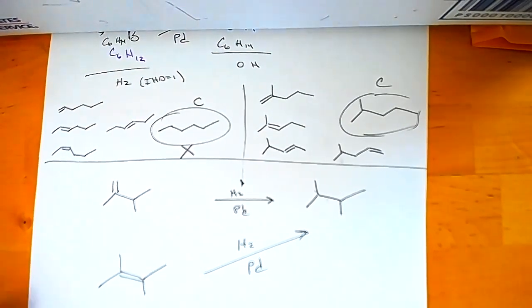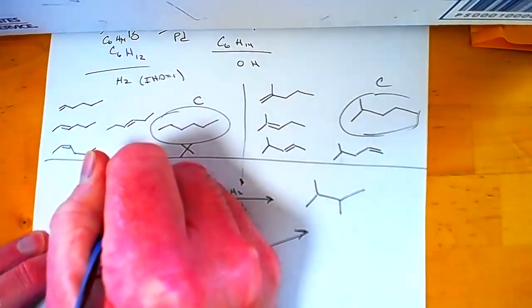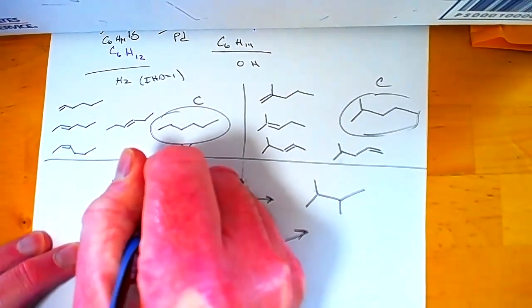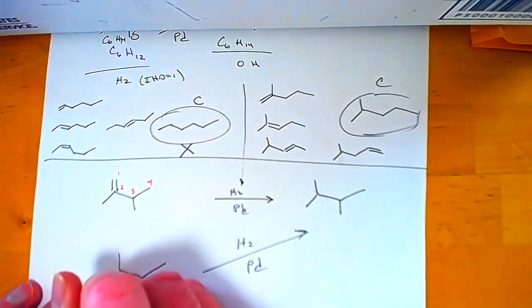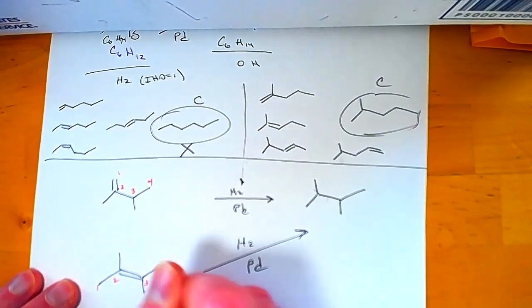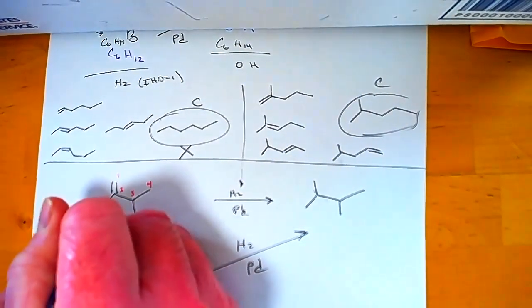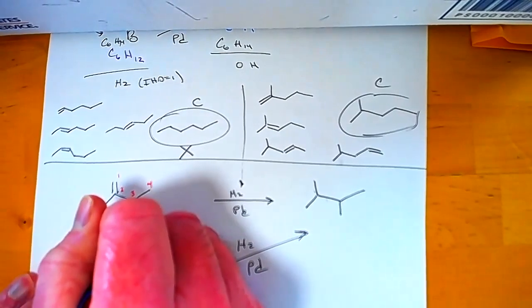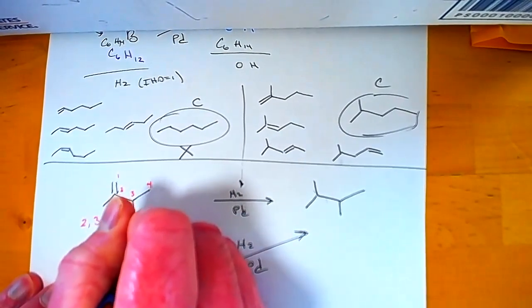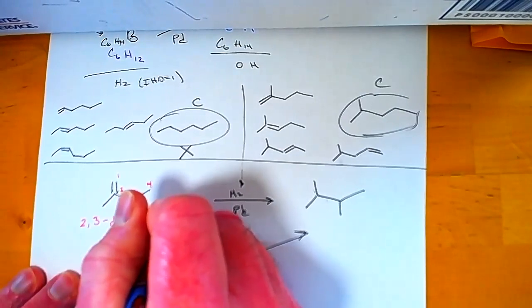Now, can we name them? Start the numbering again, and make sure you give the alkene the lowest possible number. The one on the top is 2,3-dimethyl-1-butene.